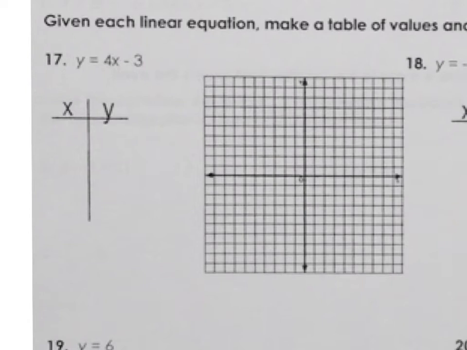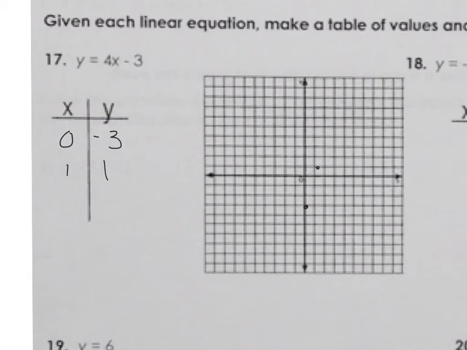On number 17, we're just doing an input-output. And so for the input-output, I'm going to put in whatever numbers I want. Let's do 0 first. 4 times 0 is 0. 0 minus 3 is negative 3. To place the point at 0, negative 3, I go over 0, down 3, about right there. Then I'm going to put in 1. 4 times 1 is 4. 4 minus 3 is 1.